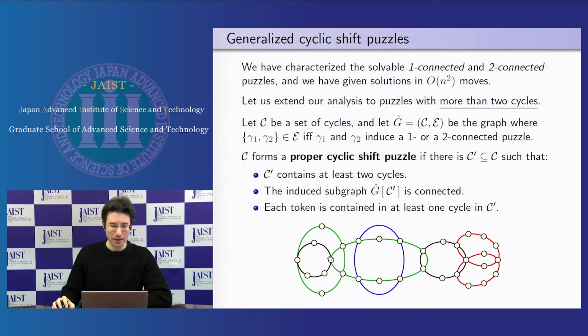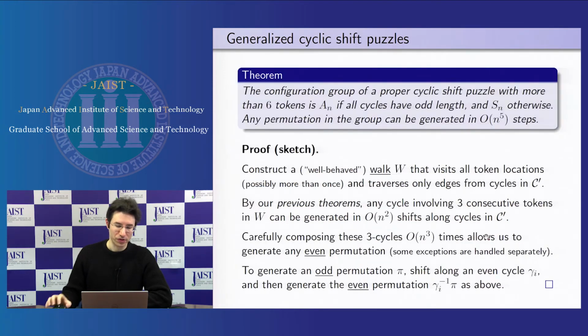So we look at the pairs of cycles that together form a one-connected or a two-connected puzzle, and we assume that this graph is connected and that it spans all tokens. If that's true, then we can generalize our previous theorems to puzzles of any number of cycles.